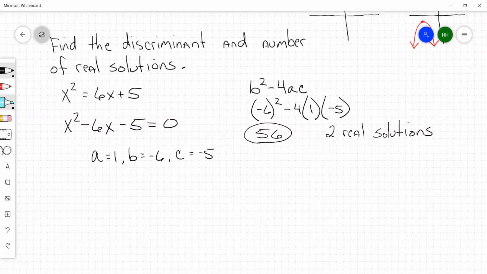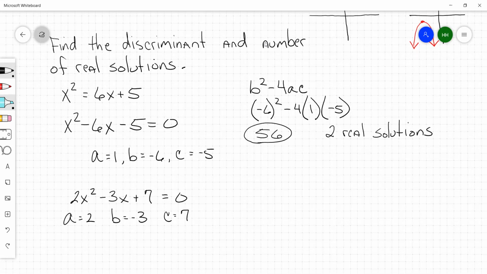Let's try one more of those. Let's do 2x squared minus 3x plus 7 equal to 0. Same directions. All right. So our a is equal to 2, our b is equal to -3, and our c is equal to 7.